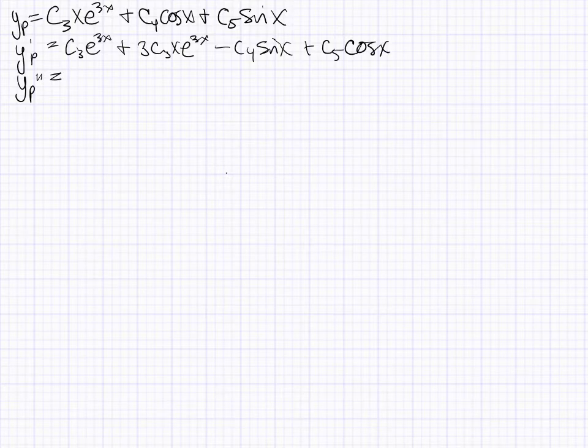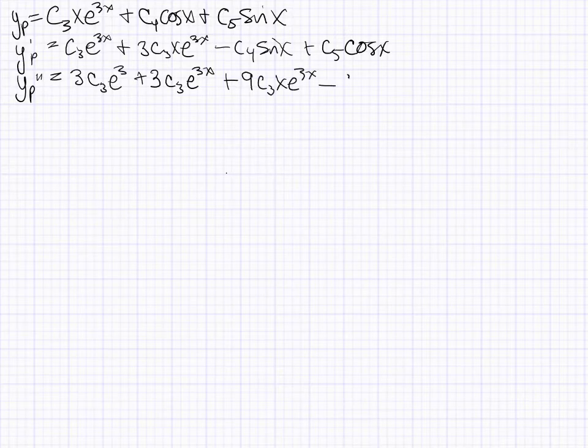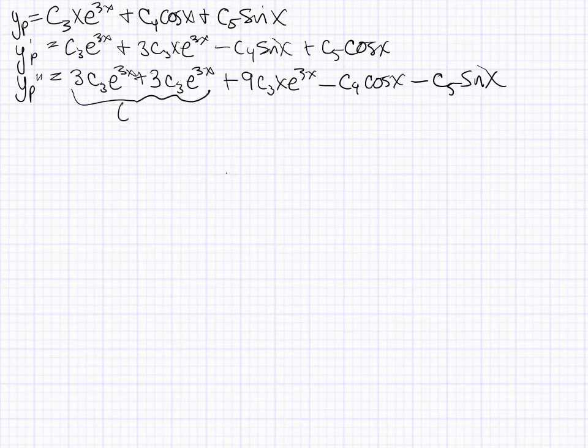And then y double prime is going to be 3c3 e to the 3x plus 3c3 e to the 3x plus 9c3 x e to the 3x minus c4 cosine x minus c5 sine x. So yeah, quite a lot here. We can do a little bit better. These two are the same terms. This is 6c3 e to the 3x.